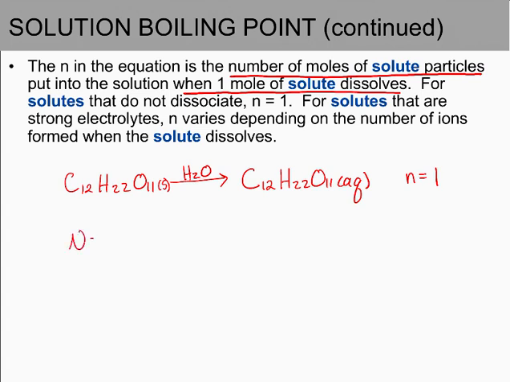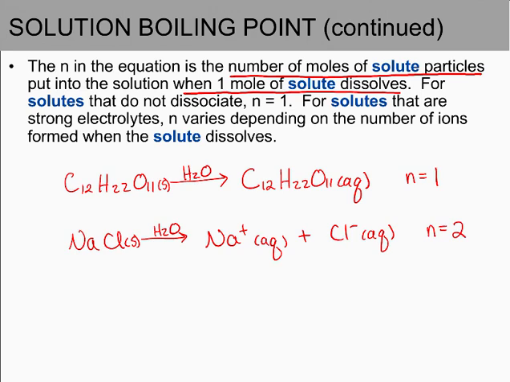Now, if we have something like sodium chloride, which does dissociate completely in water, we have sodium ions, which are now aqueous, and chloride ions, which are now aqueous. So we have 2 products, so N is equal to 2.